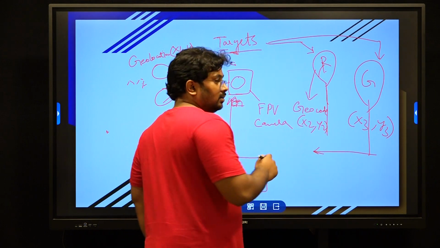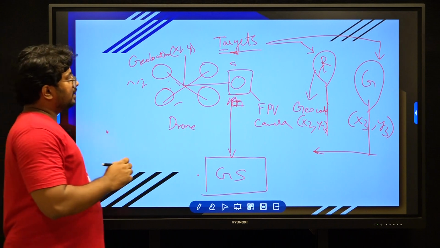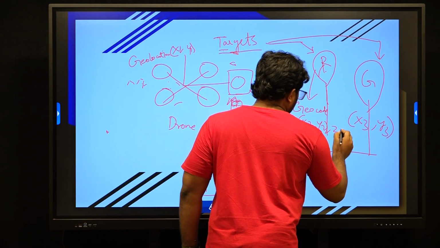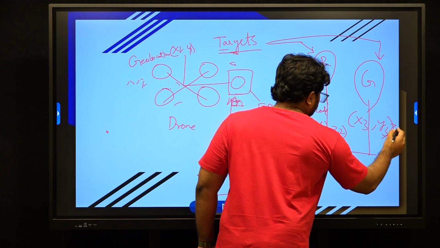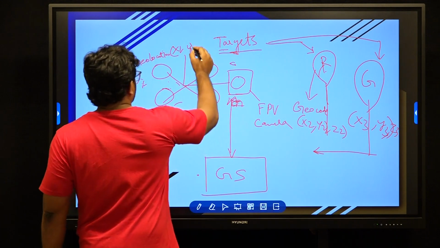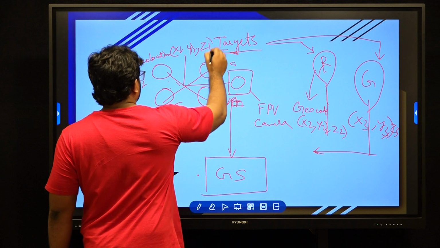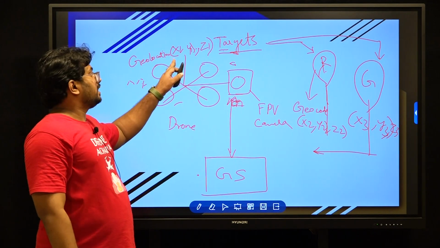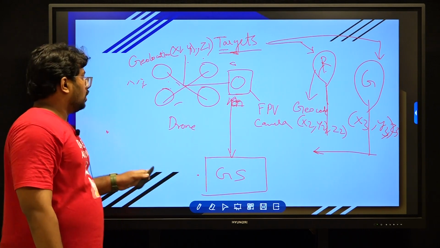Now because the balloons are at a certain height, we can imagine that there is z2 and z3 also. Obviously every drone will have x1, y1 and z1, where the first one is latitude, the second one is longitude, and the third one is altitude.